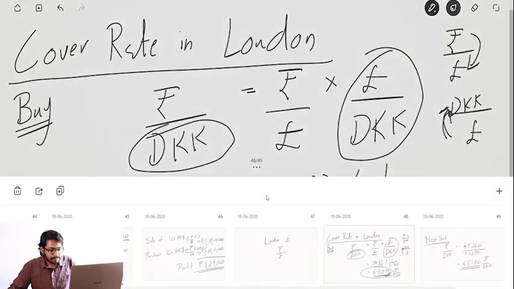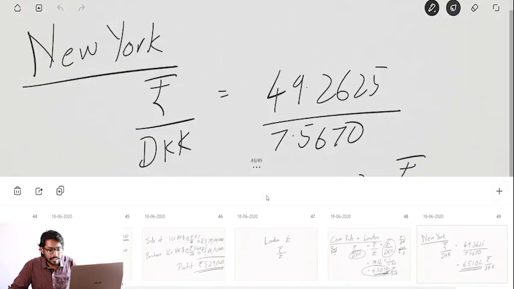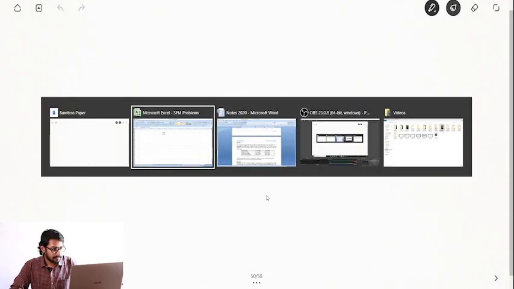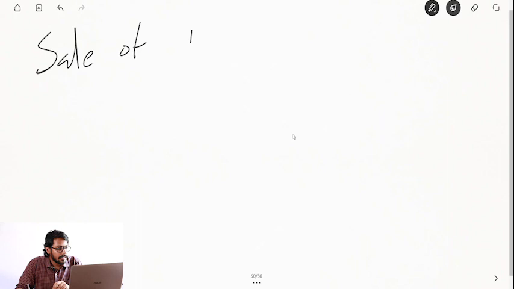Now last, they are also asking you to ascertain the profit or loss in the transaction. So write the words sale of DKK. How many DKK did you sell?